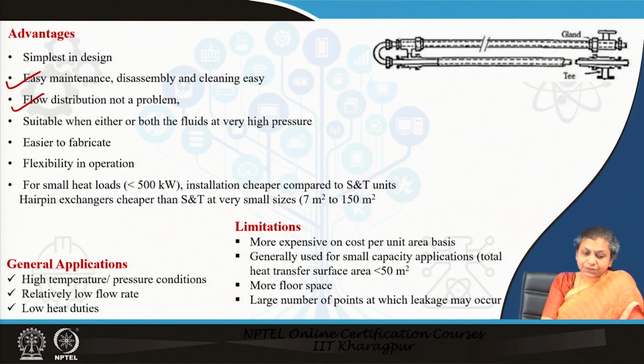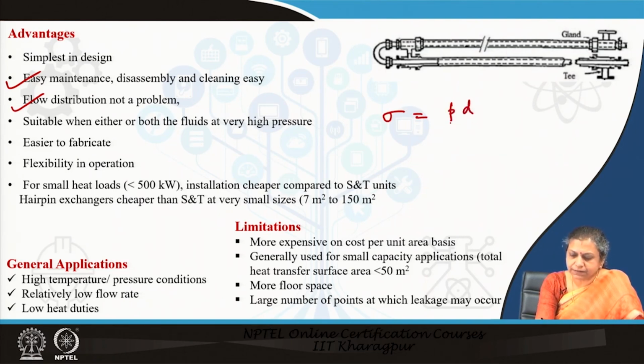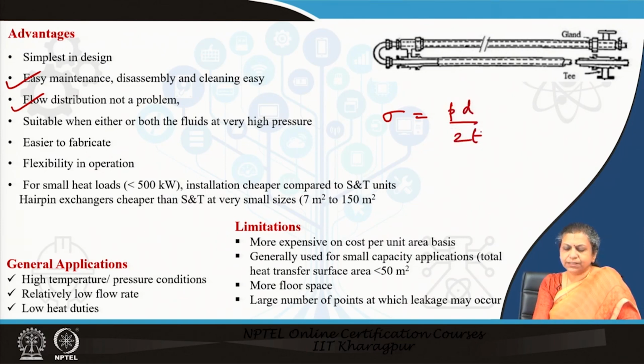The very important part is that it is suitable when either one or both the fluids are at high pressure. Now, in order to understand this, we know that the shear stress value, the yield stress, is given by this particular equation.